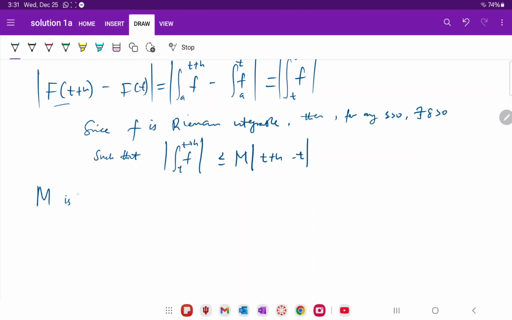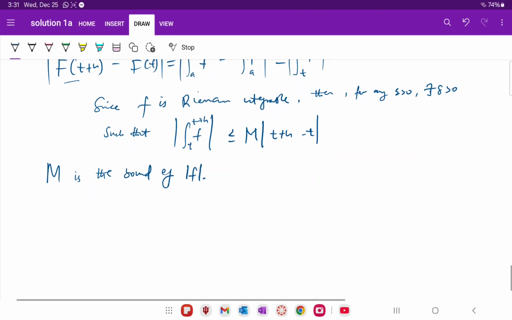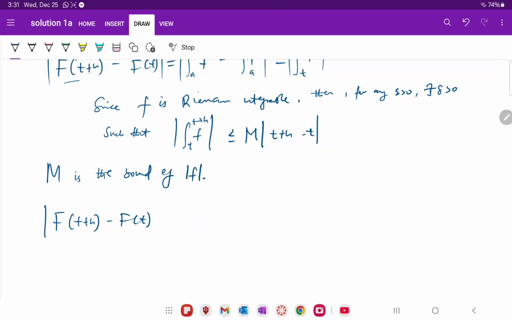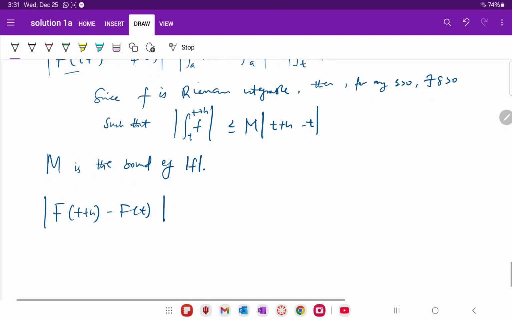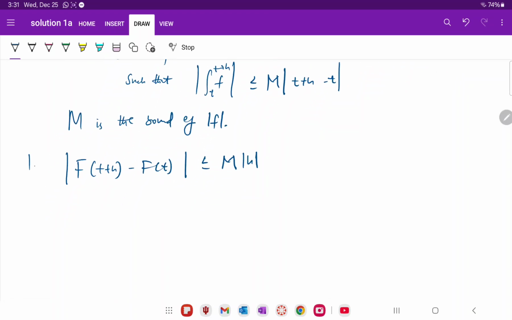M is the bound of f. And that means that the modulus of f of t plus h minus f of t is less than or equal to M times the modulus of h.